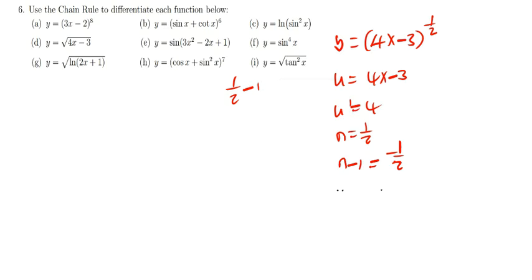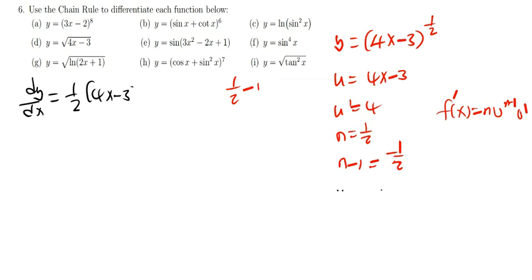So using the formula which we said, f prime of x is equal to n times u raised to n minus 1 times u prime. Using that formula, I can clearly see that my dy over dx will be equal to half times 4x minus 3, keeping this constant, raised to the power negative half, times 4.